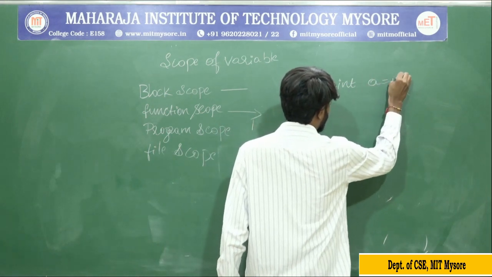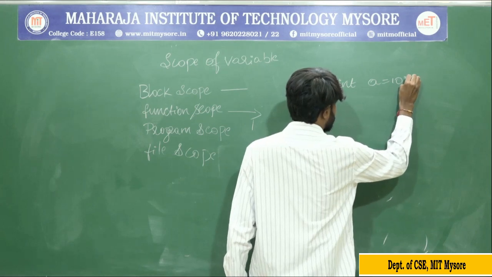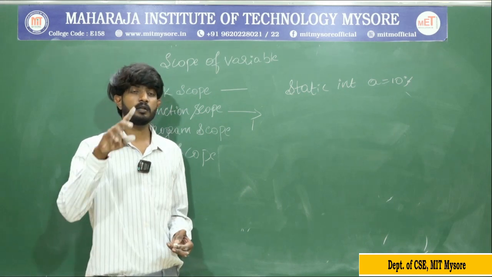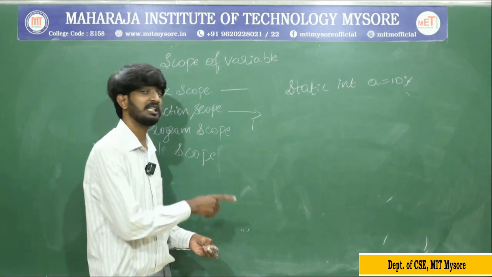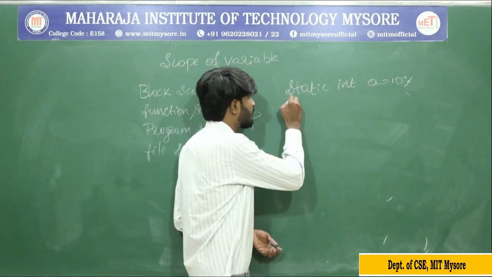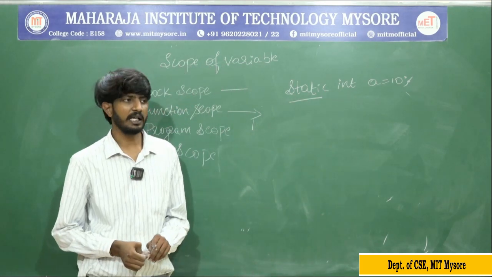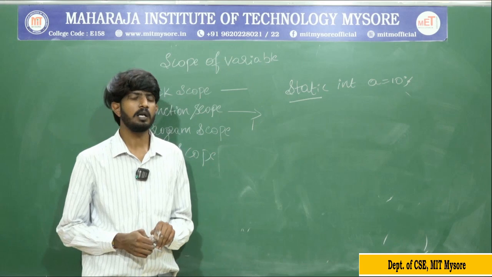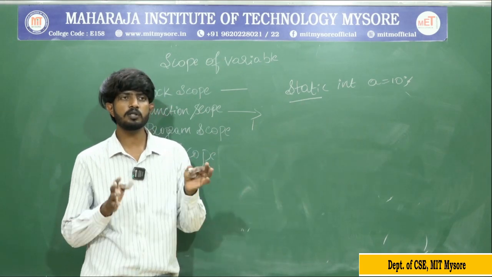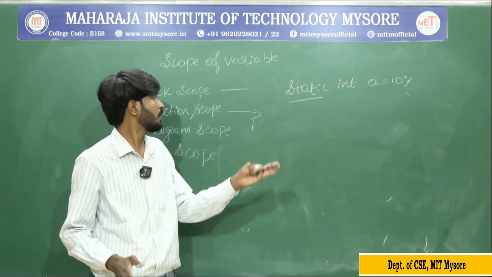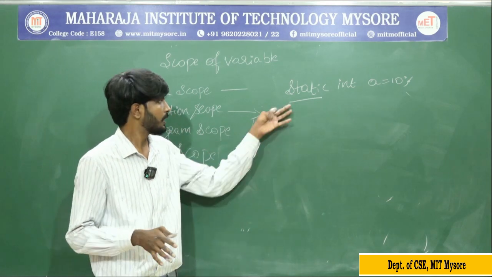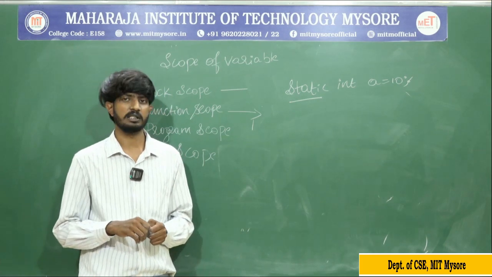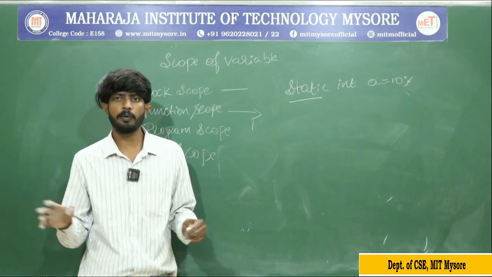Since it is used with static, you can use it anywhere in that file system. It is the same as a global variable, but a global variable is restricted to that program file only, that program.c, whereas file scope can be used anywhere inside the file system. This is about the scope of a variable.